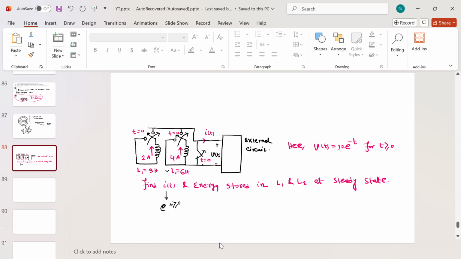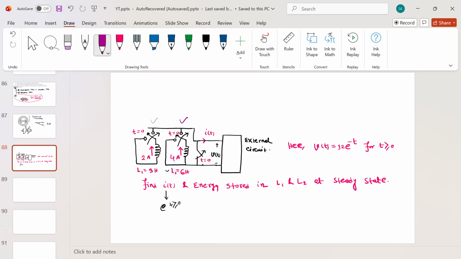Okay. So here you can see a circuit that has two inductors L1 and L2, and the initial current of the inductor L1 is 2 ampere and initial current of inductor L2 is 4 ampere. And you can see there are three switches here, here and here, right?